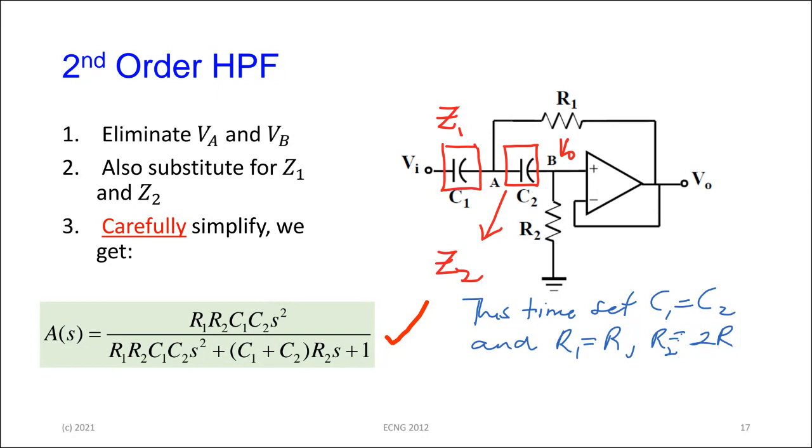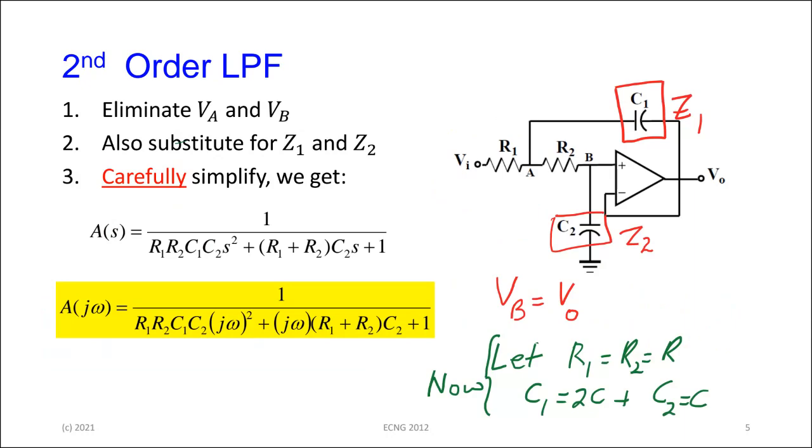Notice this equation, if you compare it with what we had before. Look at this equation here: R1, R2, C1, C2, we have C1 plus C2 by R2, and then 1. Look at the low pass version here. Notice that the C's and the R's are interchanged.